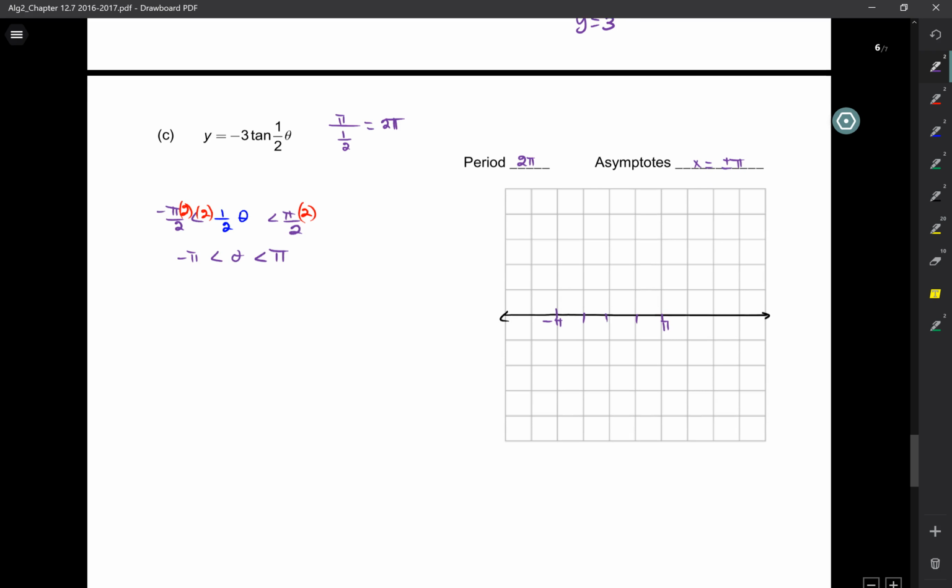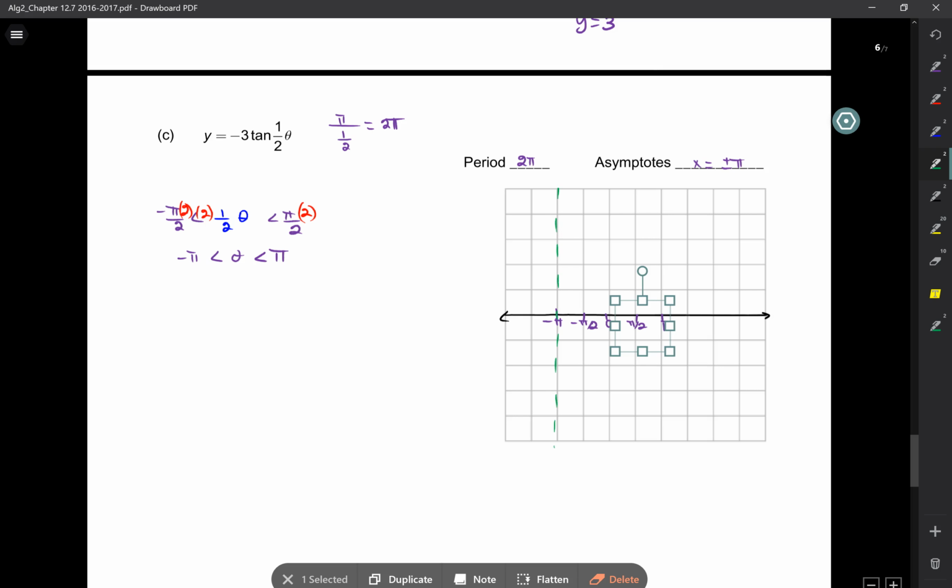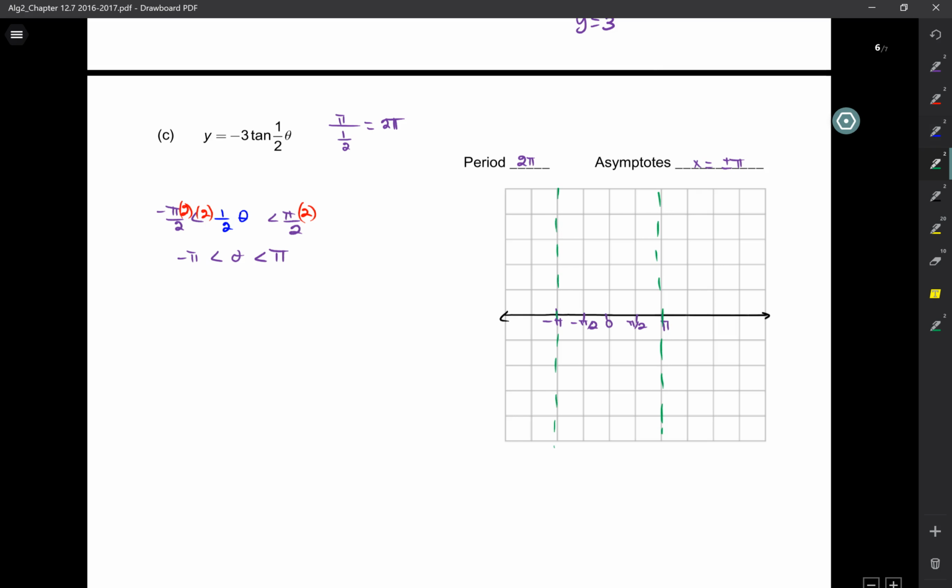Okay, so what's the midpoint here? 0. And the quarter points? Pi over 2 and -pi over 2. Okay, here is my asymptote on the left, and here is my asymptote on the right. Okay, what's tangent at 0? 0. Now, yes, it's opposite.